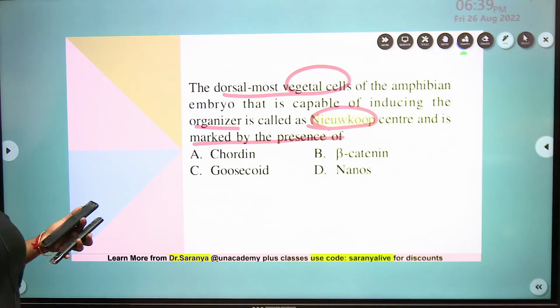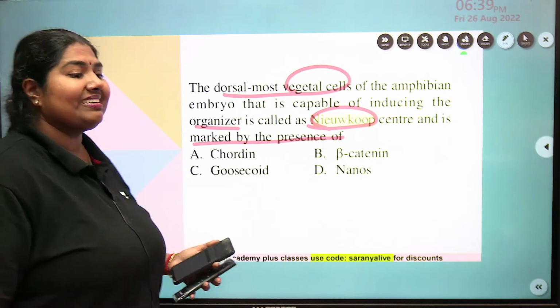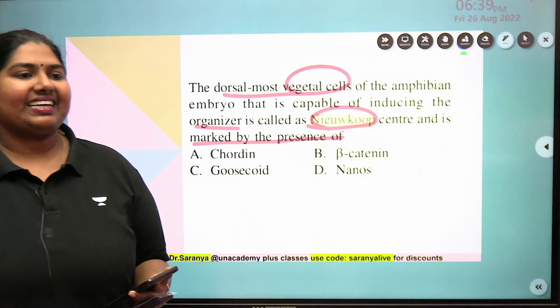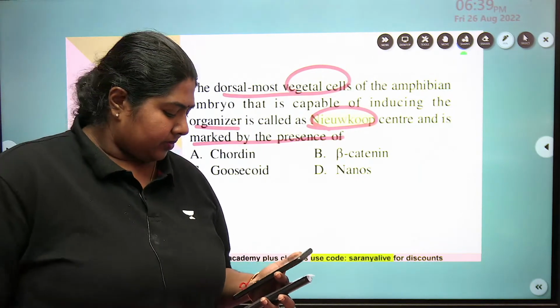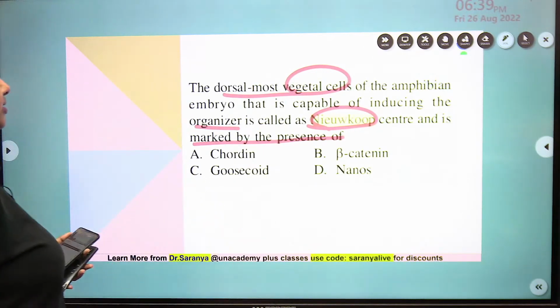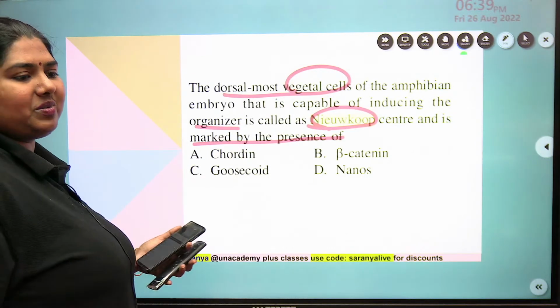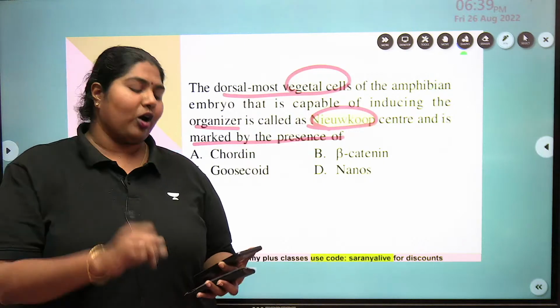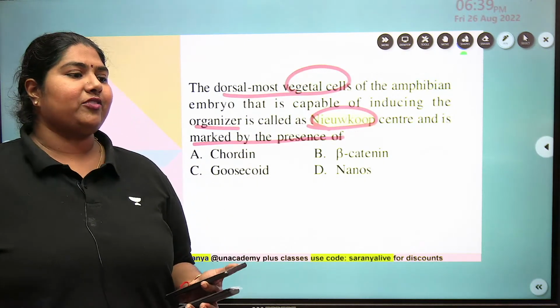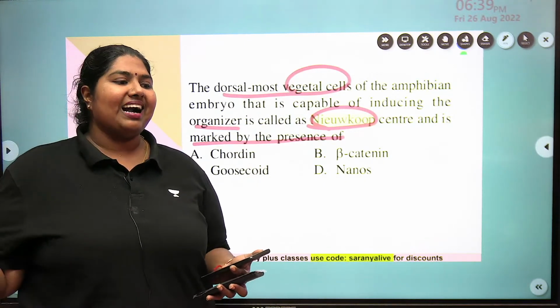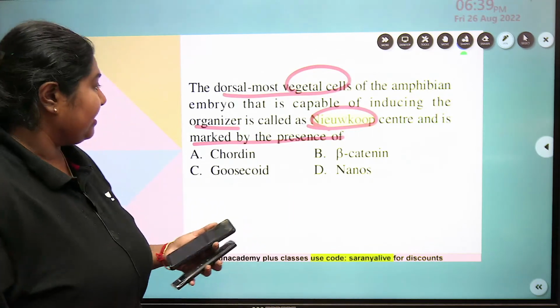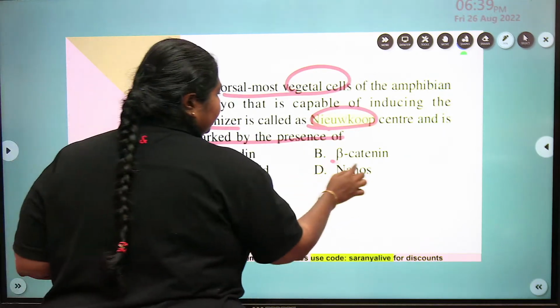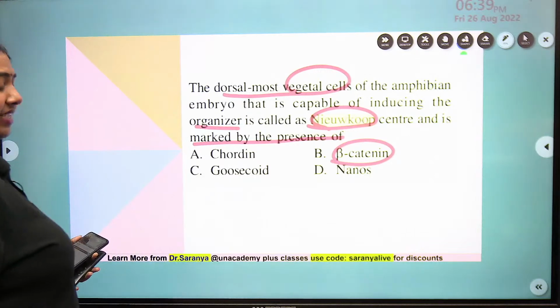So what is this rich in? Yes, Rumi. Nieuwkoop. See how many questions have come from a single topic? We have seen biochemistry, we have seen molecular biology, but see this developmental biology, these questions are being asked every time. So be clear in it. Yes, everybody, absolutely. Beta catenin is what is present in Nieuwkoop center.